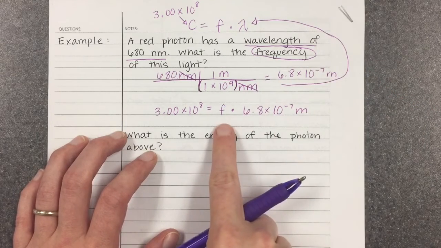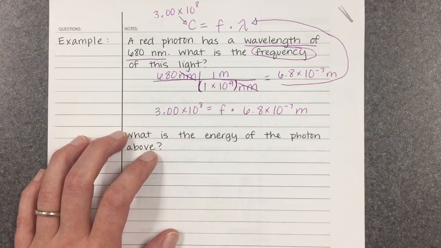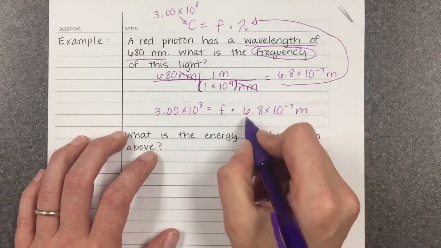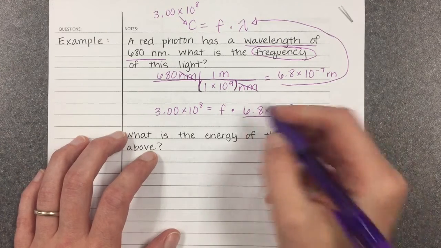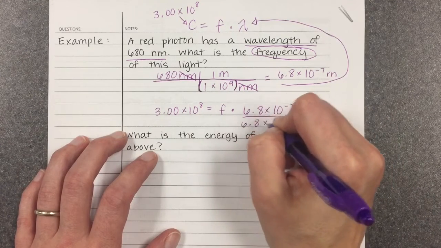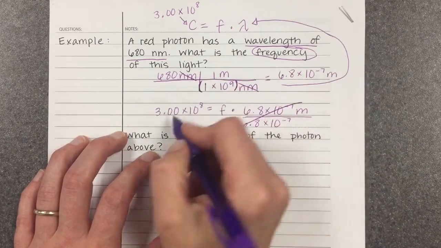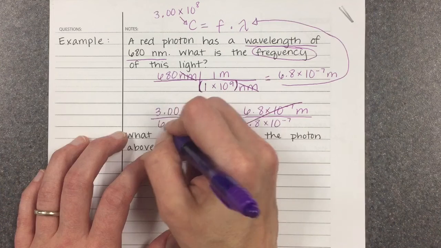Now if we're trying to solve for frequency, then we need to do just a really easy algebraic function here. We're going to have to divide both sides by 6.8 times 10 to the power of negative 7 in order to get frequency by itself. Remember, whatever we do to one side, we have to do to the other.